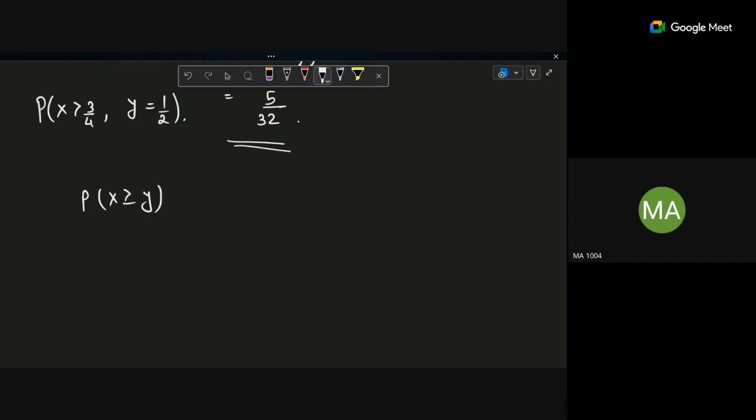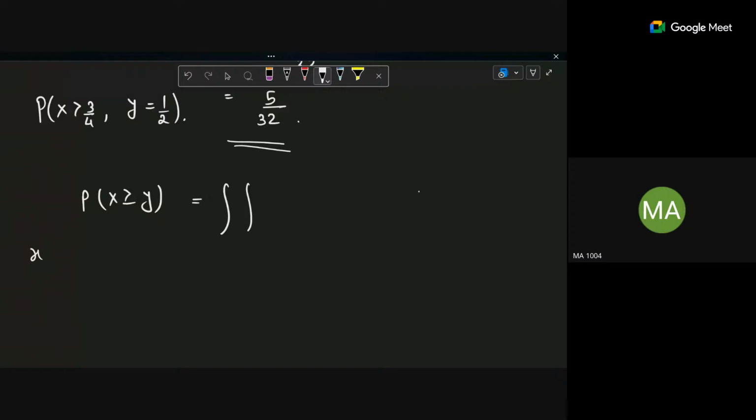Okay. So whenever this kind of thing is there, you have to go with the graph. Whenever x is greater than or equal to y, you will have an equation of a line or equation of a curve.